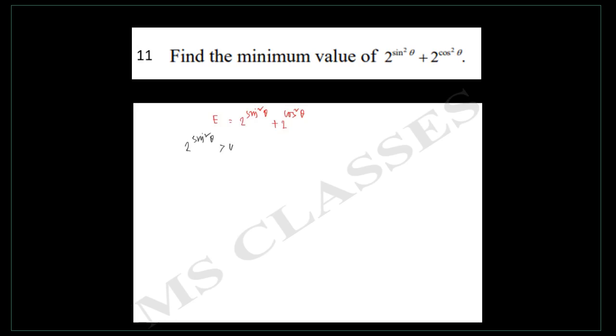Why greater than 0? 2 to the power of cos square theta is also greater than 0. All of you have done the exponential function y equal to a to the power of x. Here a is 2.